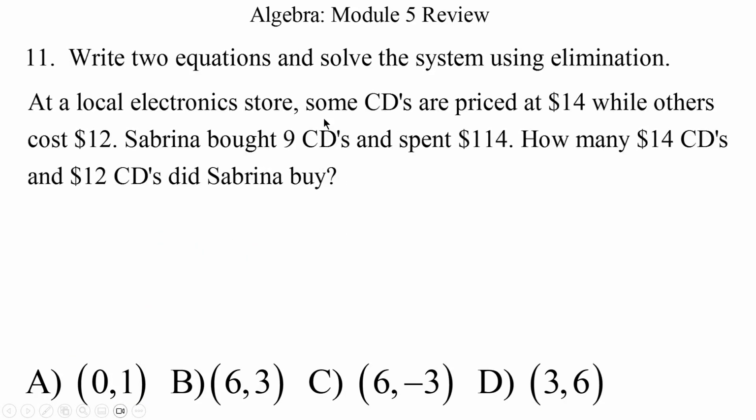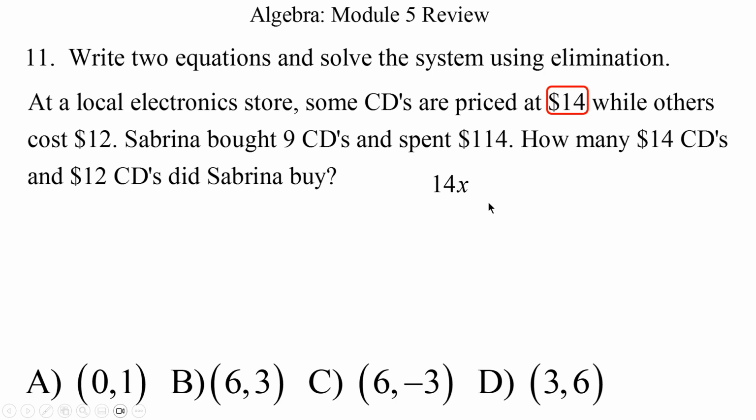Okay, number 11. Write 2 equations and solve the system using elimination. Oh yeah, here's our good one right here. At a local electronics store, some CDs are priced at $14. So I'm going to go $14 times the number of $14 CDs I buy, which I would write as 14x, while others cost $12.